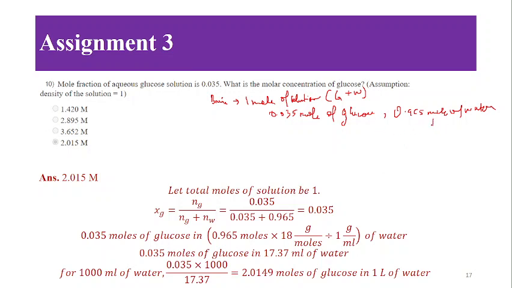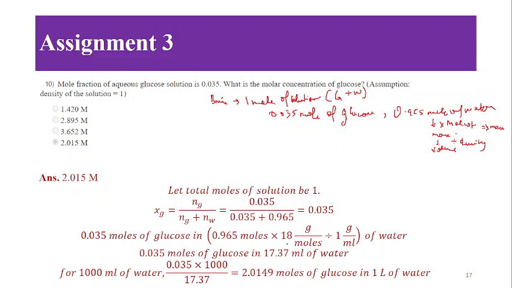How you do that is firstly multiply by molecular weight to get the mass, and then this mass is converted into volume by dividing by density. So you get the volume of the water, which comes out to be 17.37 milliliter of water.